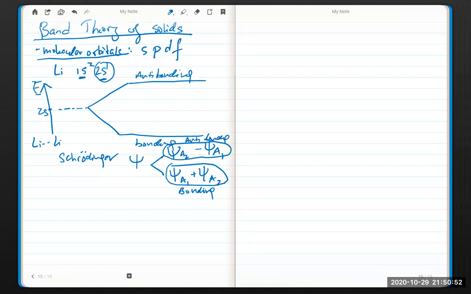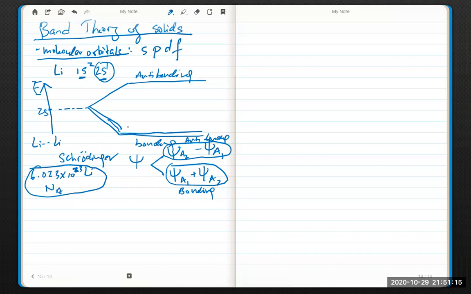Now that's just with two lithiums. What if you have many lithiums, specifically 6.023 times 10 to the 23 lithium, or Avogadro's number worth of lithium, 1 mole? When you have 1 mole of lithium, then this splits into so many little bands.